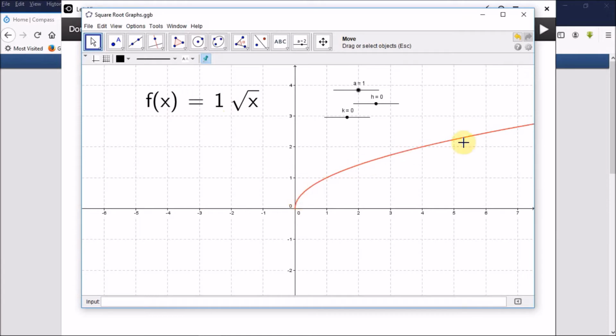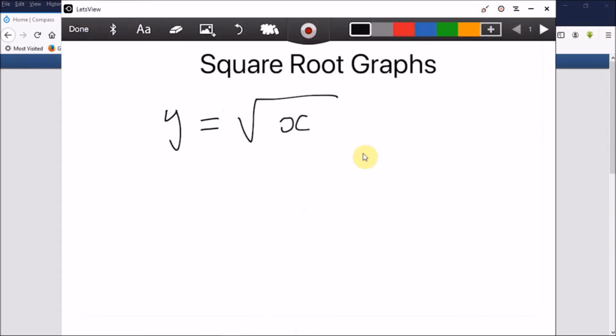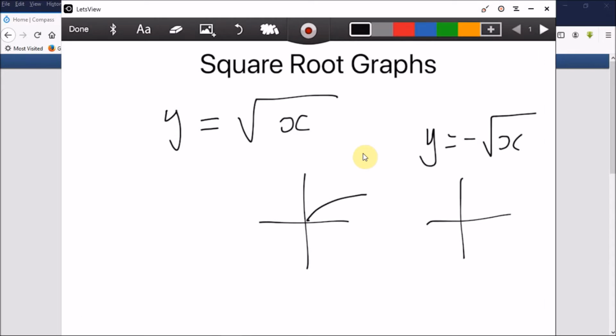So here we go, there's a basic square root graph, that's what it looks like. So if we go like that there, and that's the +1. Now there is one where you could go negative square root x, and if you do negative square root x, it goes down like that.